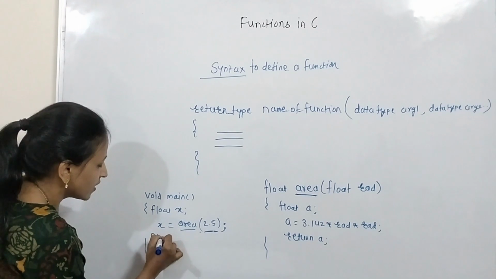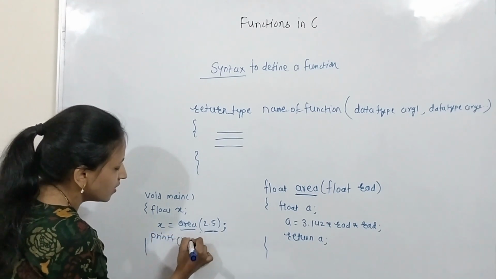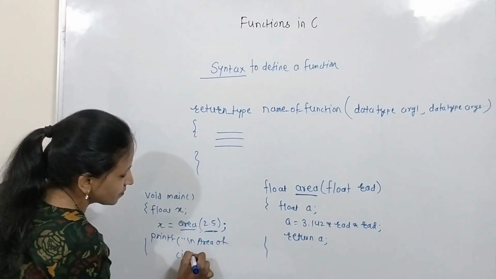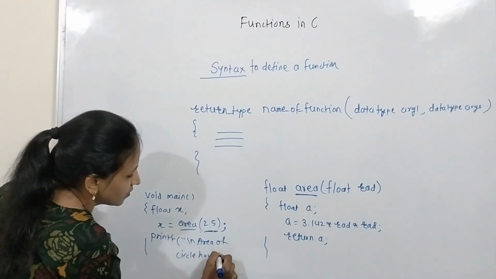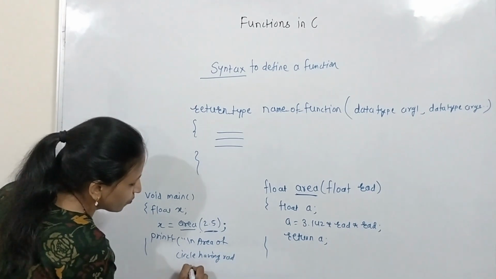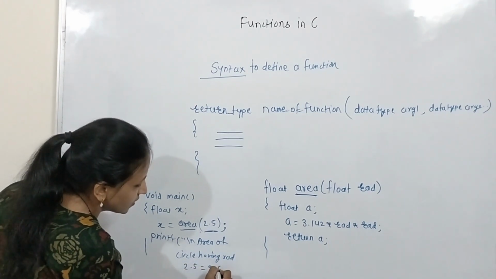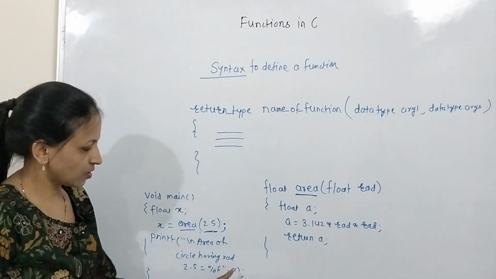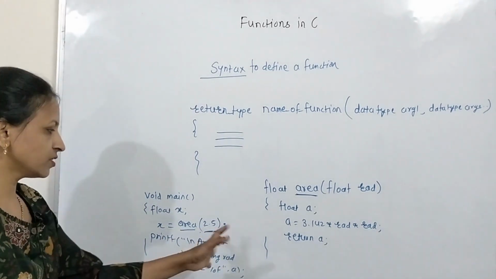Here I will write like this, printf area of circle having radius 2.5 equals percent f comma a. Because of space I have written it in this way, just write it in a single line.